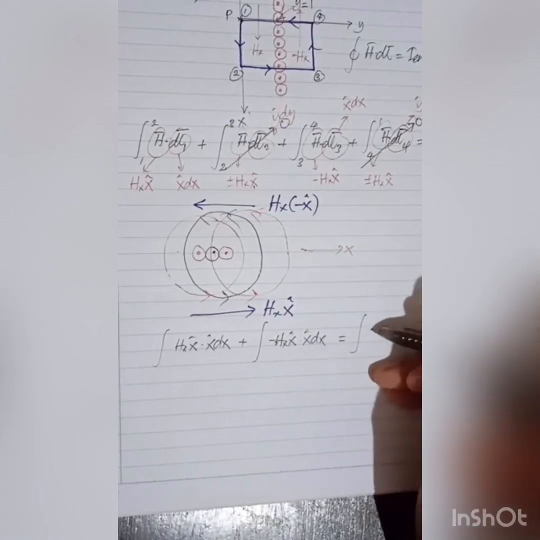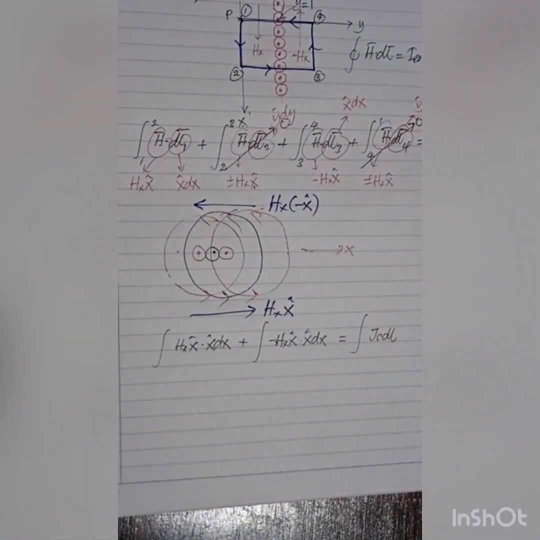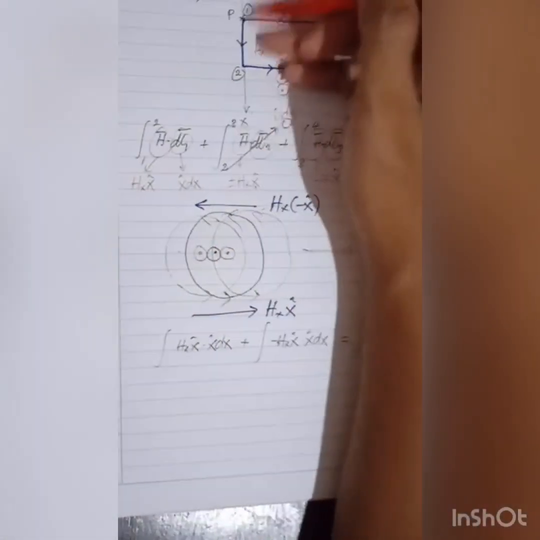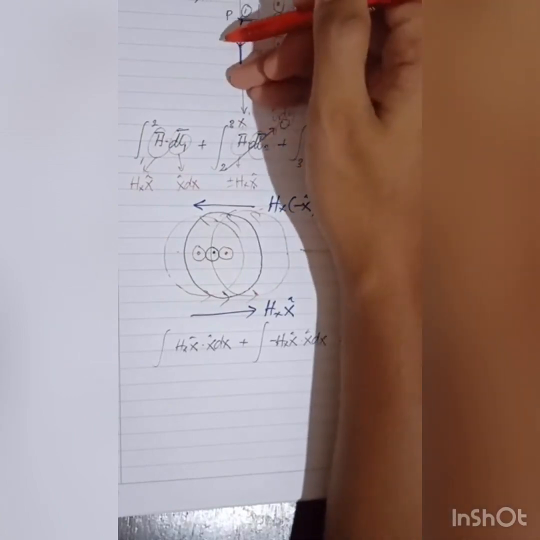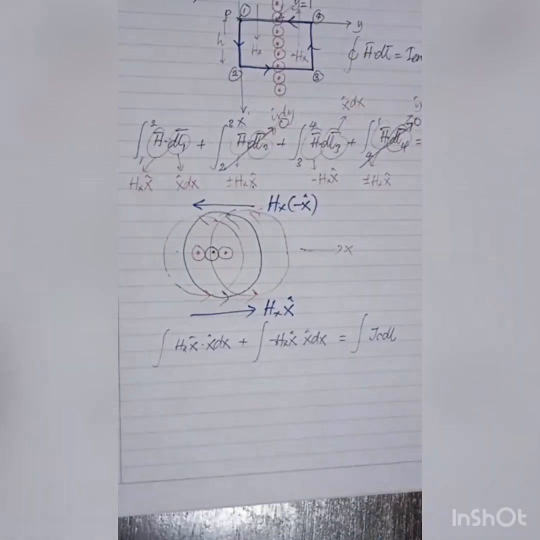plus now Js dl. Okay, now let's assume that the length of this path is h. Is it okay? The length for this path is h.